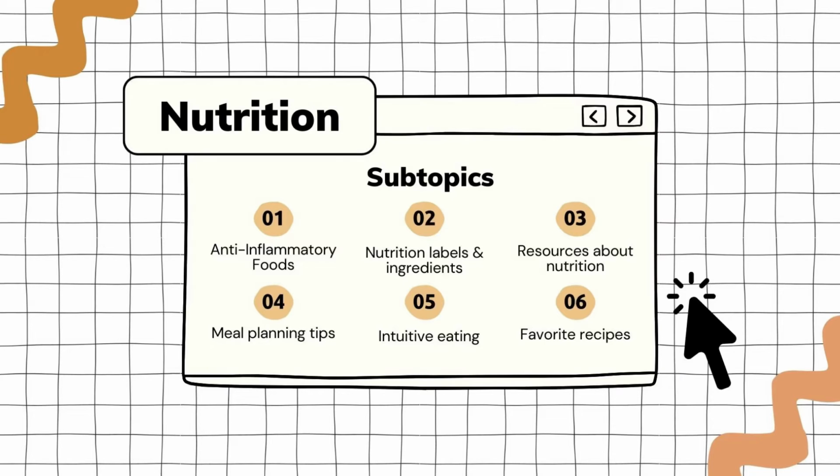If a content pillar is nutrition, some of the subtopic ideas could be anti-inflammatory foods, nutrition labels and ingredients, resources about nutrition, such as books, apps, or podcasts, or other topics like meal planning and intuitive eating. So do you see how you took the main content pillar of nutrition and then created subtopics that are complementary to that?